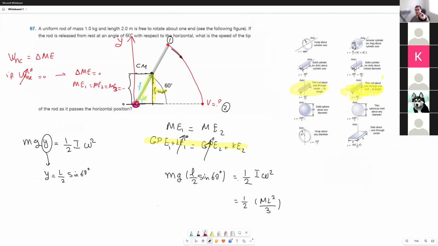It is perpendicular to the rod and passing through one end of it. A thin rod. So it's like this. This pen rotates about my index finger. My index finger is the axis of rotation and the pen rotates about it. So you're going to choose this, ml squared over 3.